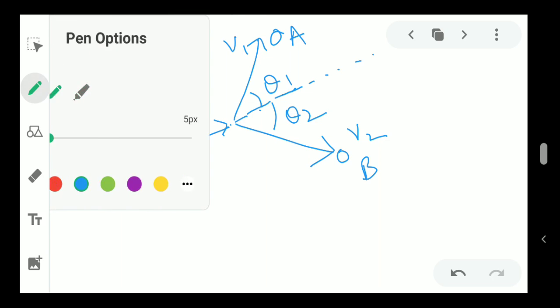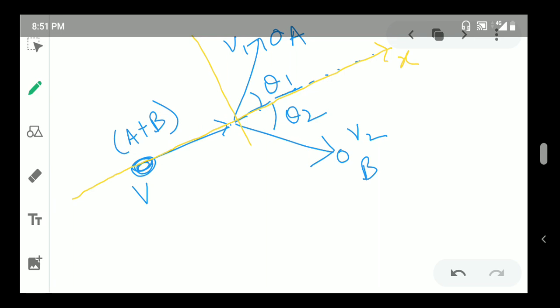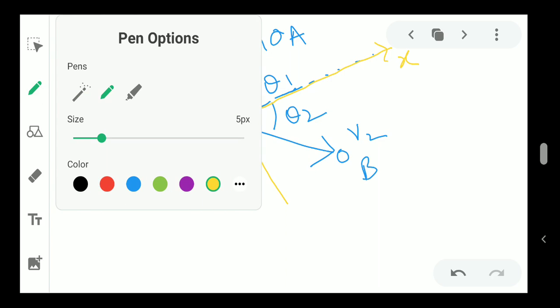So if I take this line as the x-axis, and another axis as my y-axis, then in one line I will calculate the things.